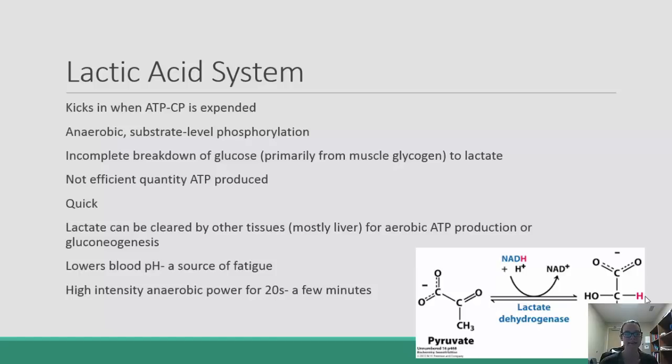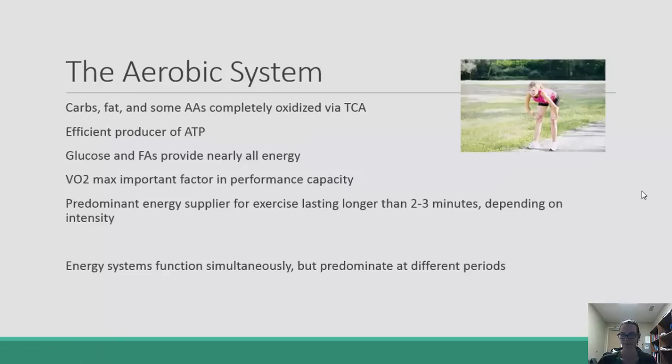And this lactic acid system is primarily in use during high-intensity anaerobic exercise, lasting from about 20 seconds into our high-intensity anaerobic exercise up to a few minutes. And here, this reaction we've learned about before, the conversion of pyruvate to lactate via lactate dehydrogenase.